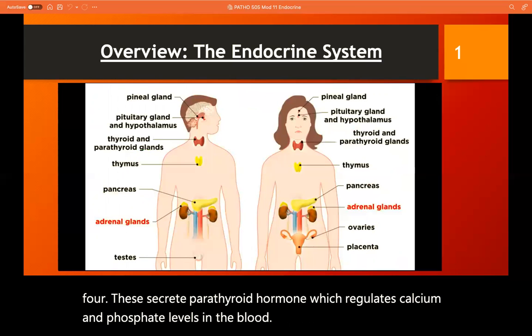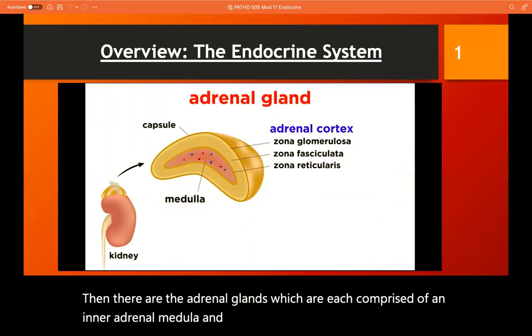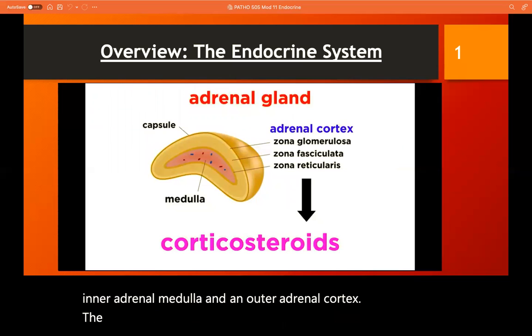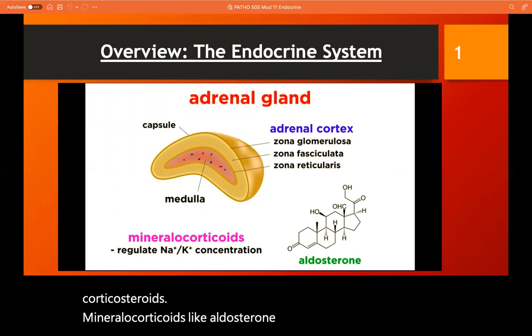Then there are the adrenal glands, which are each comprised of an inner adrenal medulla and an outer adrenal cortex. The cortex synthesizes a wide variety of steroid hormones called corticosteroids. Mineralocorticoids, like aldosterone, regulate ion concentrations like sodium and potassium.